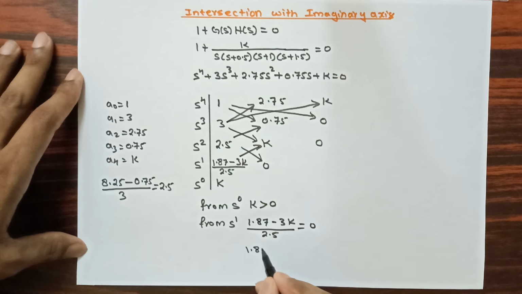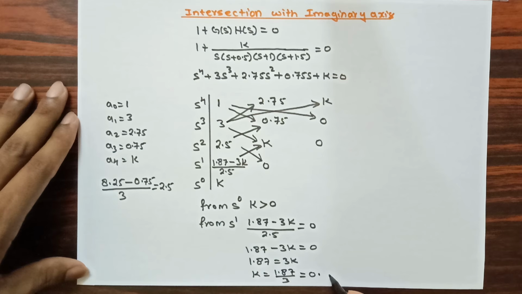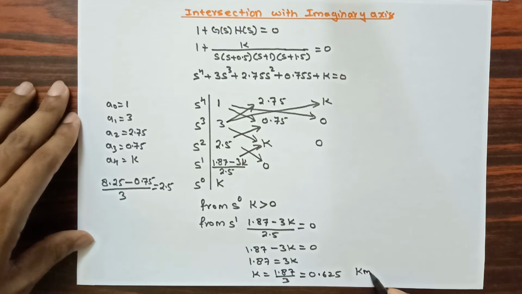Then I will be getting 1.87 minus 3k is equal to 0. 1.87 equal to 3k. K is equivalent to 1.87 by 3, which is equal to 0.625. So you can see I got the k margin value, that is 0.625.